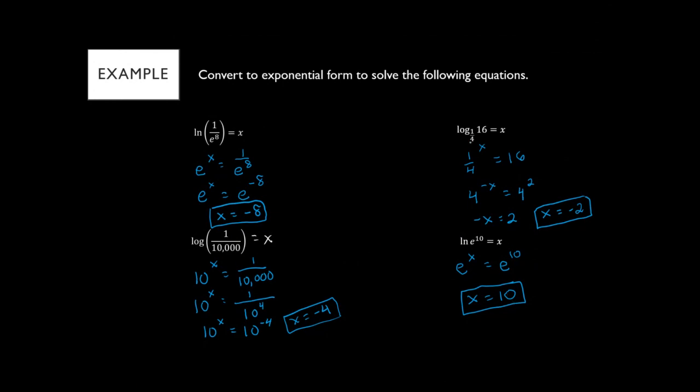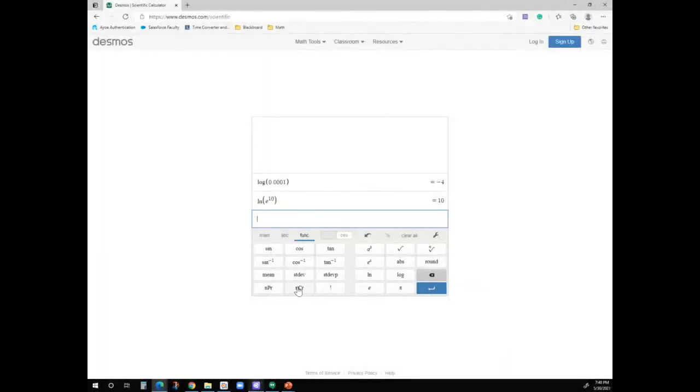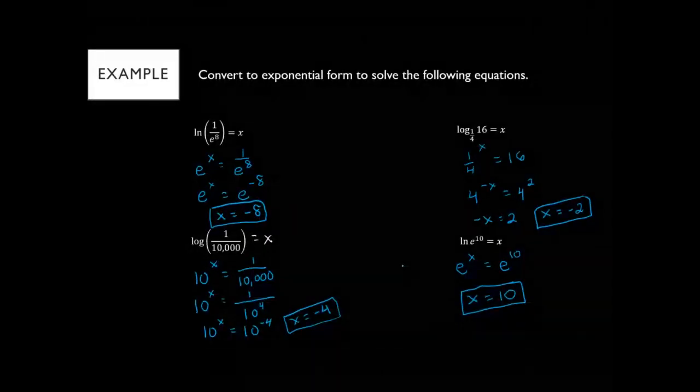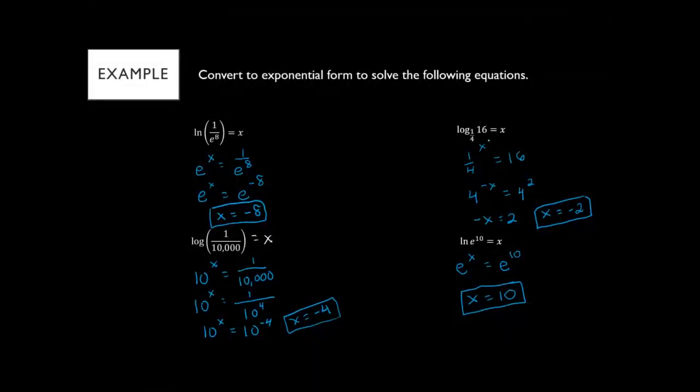Now you may be wondering, well, how do I enter these other ones with the fractions? I actually have not tried to do this before. So I wonder if it can do subscripts. No. Okay. So this particular calculator will not let you do anything other than base 10 or the natural log. So I would not be able to use the calculator to do something like this.